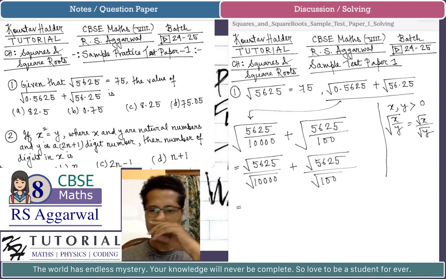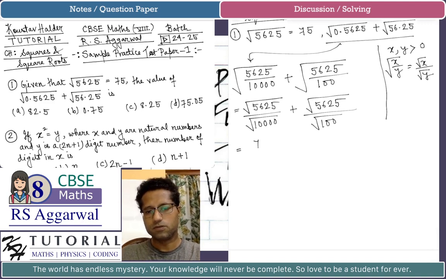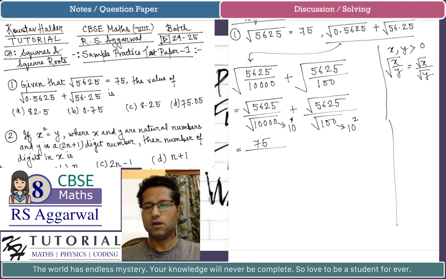Now when we further simplify this, the square root of 5625 is already given to be 75. So we have 75, and the square root of 10 to the power 4. This is nothing but 10 to the power 4, and this 100 is 10 squared.